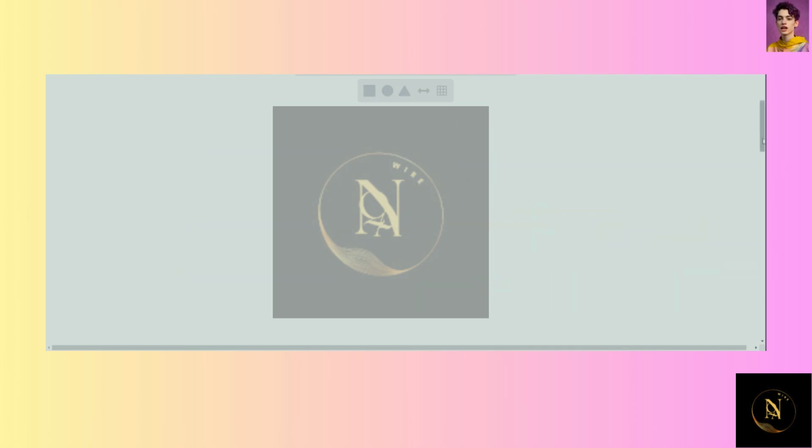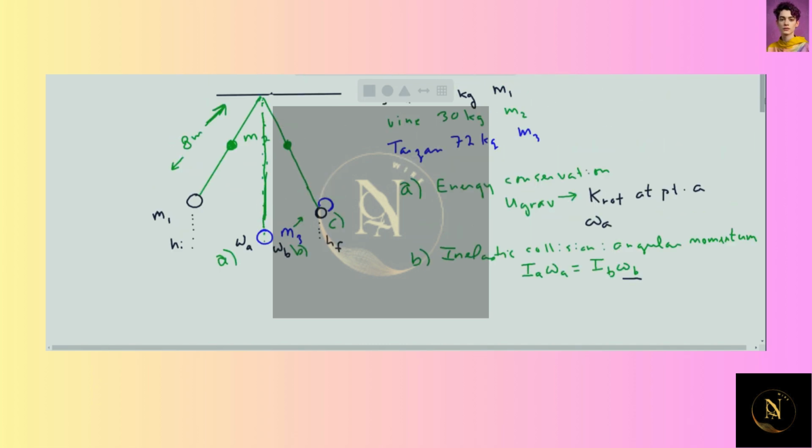The last part of the sequence is where the whole kit and caboodle swings up. And I can think about that simplistically then as the new rotational kinetic energy converting back into potential energy. It's not quite that simple, as we'll see, but I can work that out as we get to that.